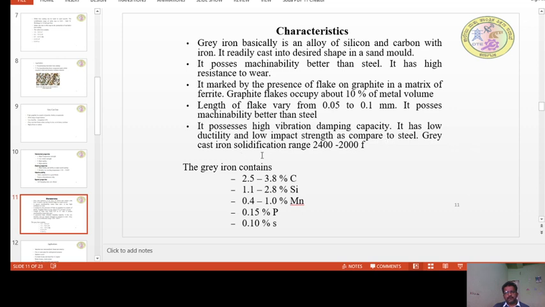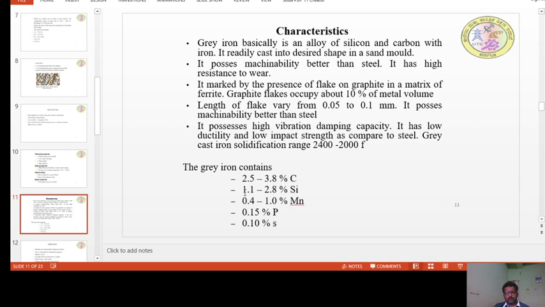Gray cast iron certification range is 1400 to 1000 Fahrenheit, and the general gray iron composition is 2.5 to 3.8% of carbon, 1.1 to 2.8% of silicon.